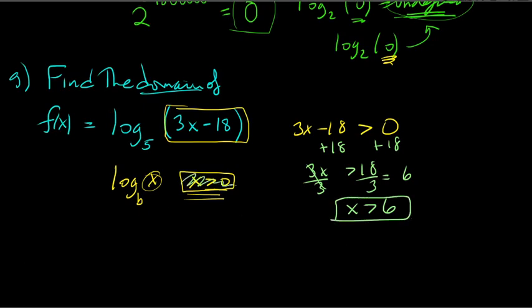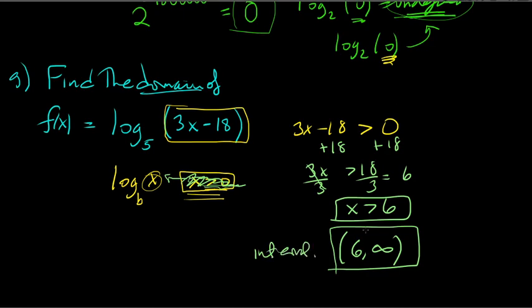Oops, sorry, that's not the answer. I didn't mean to box it. I meant to highlight the fact that this is greater than 0. But the domain here is x is greater than 6. However, remember we want interval notation, so that's from 6 to infinity. Right, so that's interval notation.